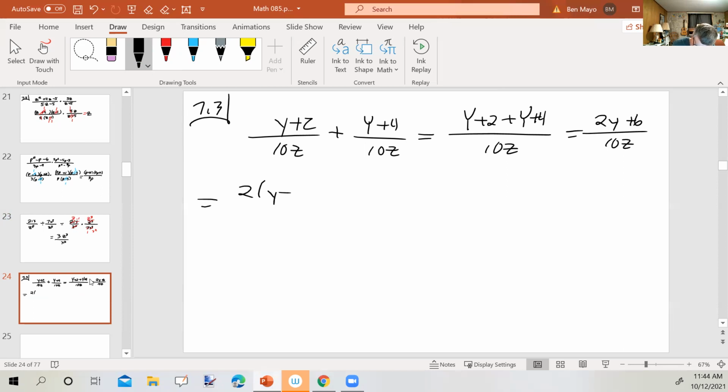I can then factor a 2 out of the numerator, and then reduce 2 over 10 to 1 over 5. And I end up with y plus 3 over 5z.